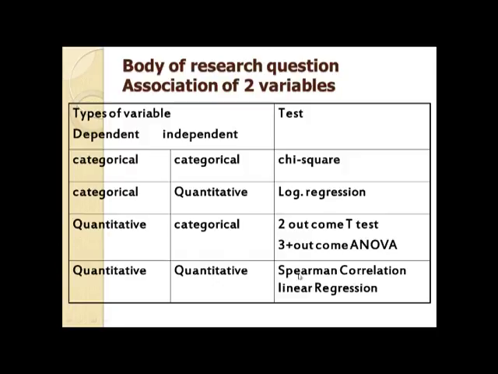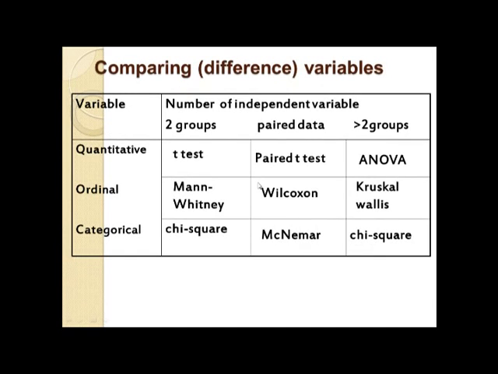Now the same thing with a little bit of variation wherein your independent variable, if it is quantitative in nature, for example, you are considering gender and you are considering blood pressure, you can apply what we call logistic regression because you're trying to study the association between gender and blood pressure.